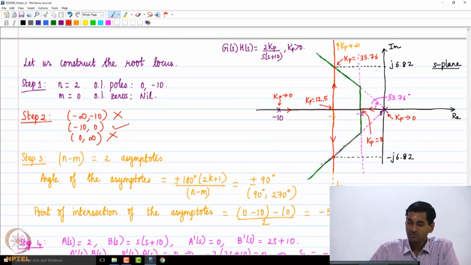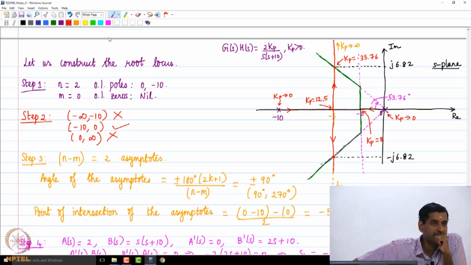So what does this imply? This implies that for performance I need to essentially have my proportional gain between 8 and 35.76. That's it.